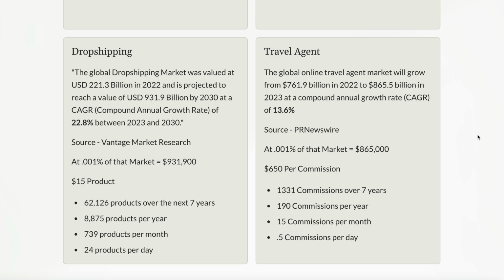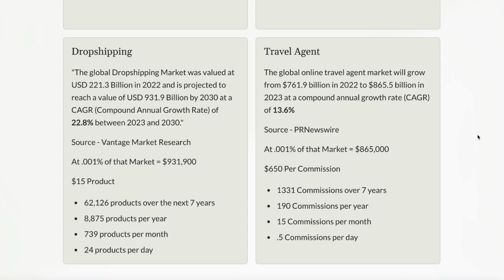So let's take a $15 product, for example, or we could even do a $15 profit off the product. So we could be selling a $30 product. Our $15 is our net profit. So whatever way you want to look at it, that's 62,126 products over the next 7 years, 8,875 products per year, 739 products per month, and 24 products per day.